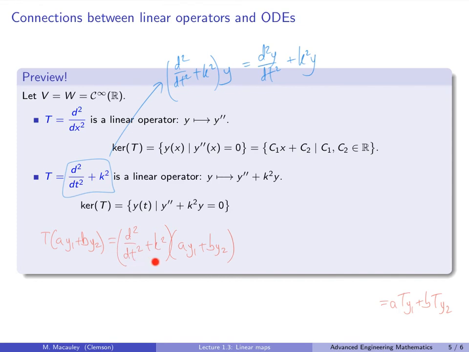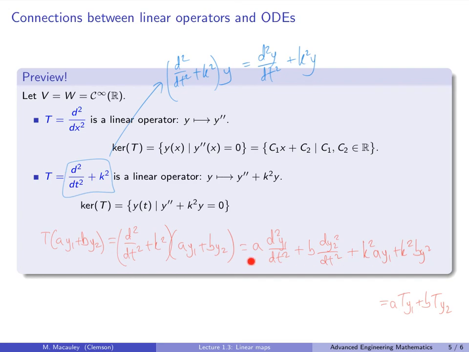And we can multiply this out just like we would a polynomial. So this is a times d squared y1 over dt squared, plus b times d squared y2 over dt squared, plus k squared a y1 plus k squared b y2.